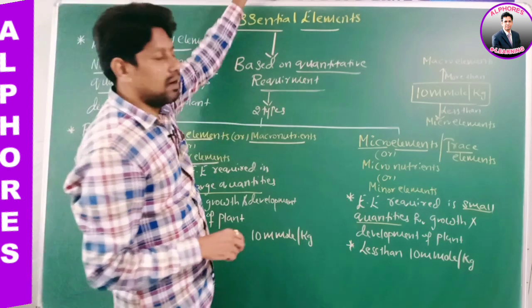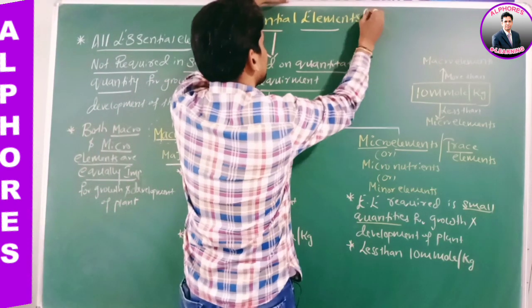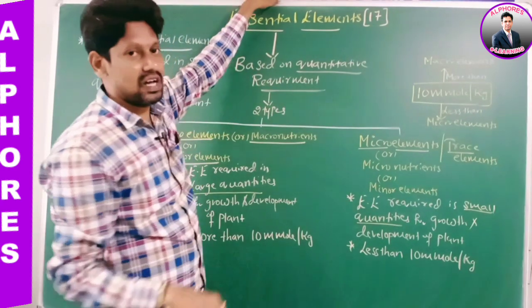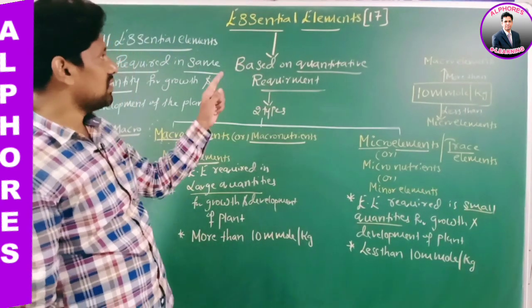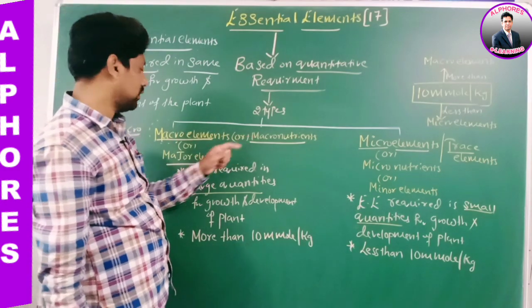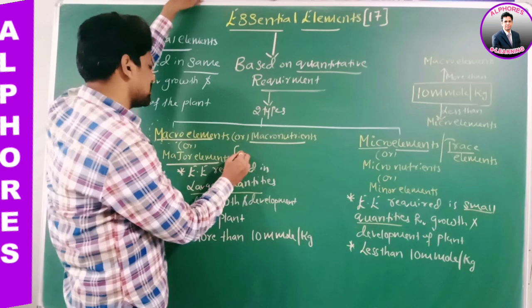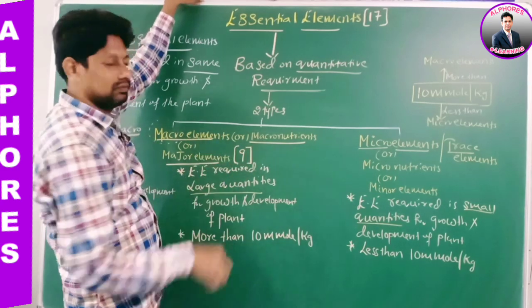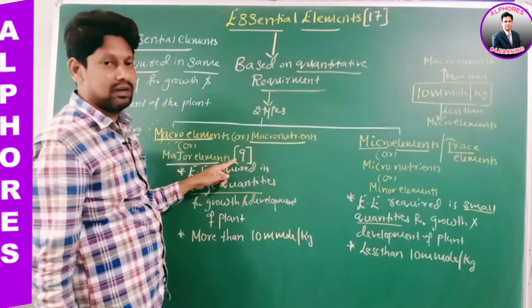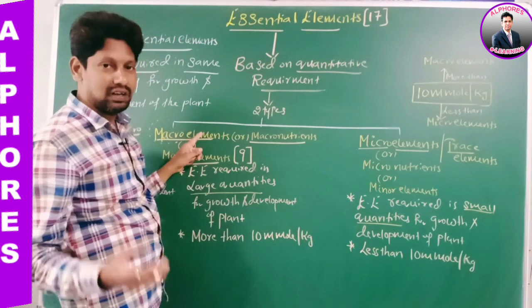Essential elements are how many in number? Essential elements are 17. In the 17 essential elements, the macro elements, macronutrients, major elements are how many? 9. A plant requires these 9 macro elements in large quantities.